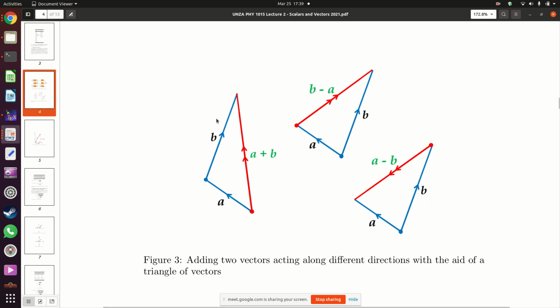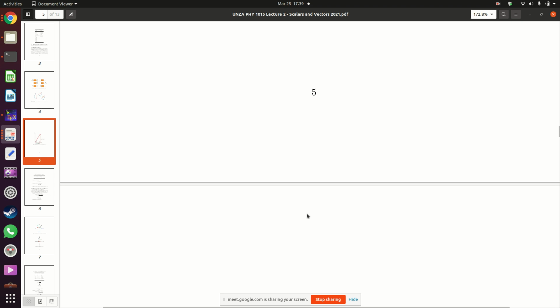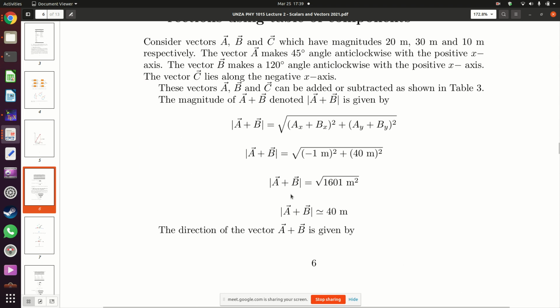Yes, we have an idea of what a plus b might mean, but we need to be more precise, not just have ideas. And that's where components come to the rescue.